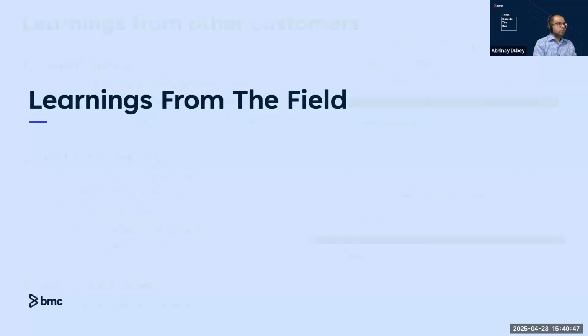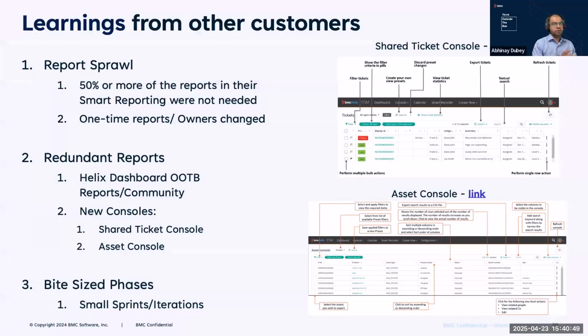All right, let's talk about a few learnings from the field. There are a few common themes that we have seen across all the customers. Number one is report sprawl. Most organizations don't have a governance structure around report creation.